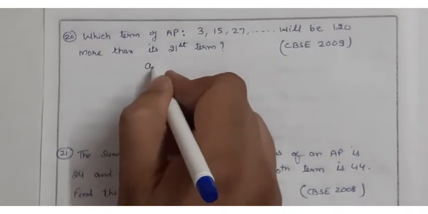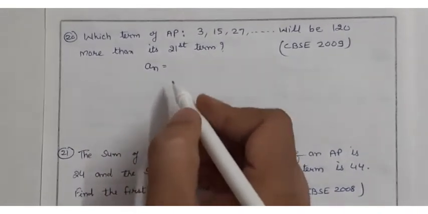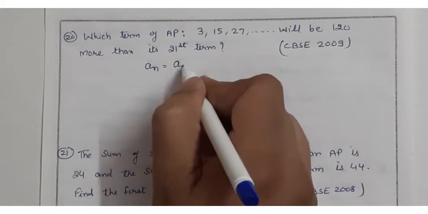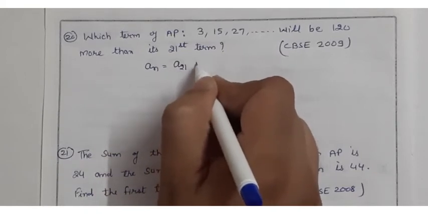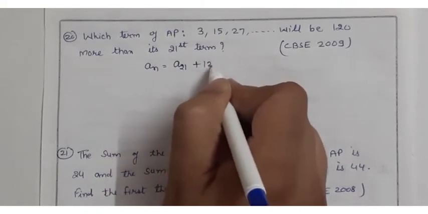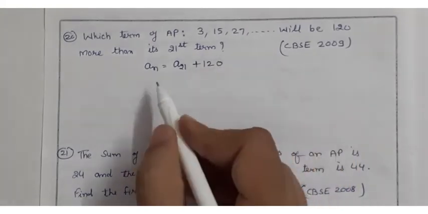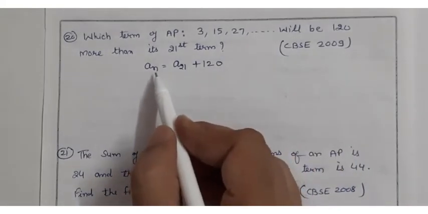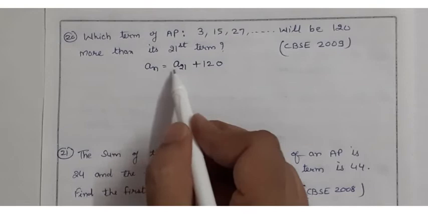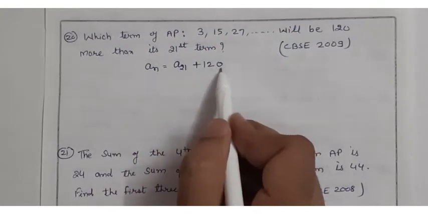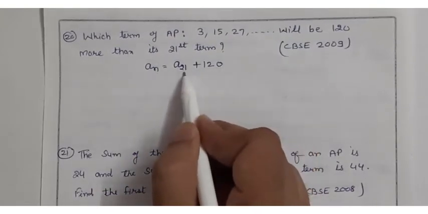It means an is equal to its 21st term, and how much more than that? It is 120 more than. This AP's an is equal to 120 more than its 21st term.